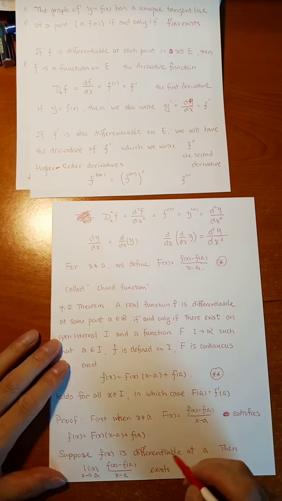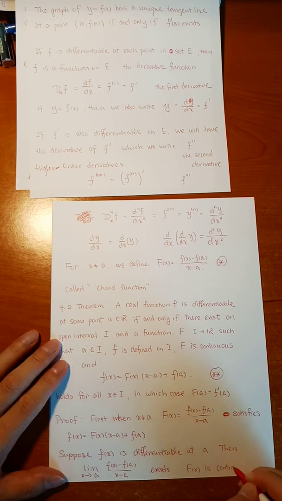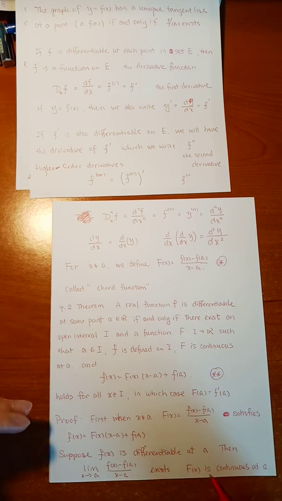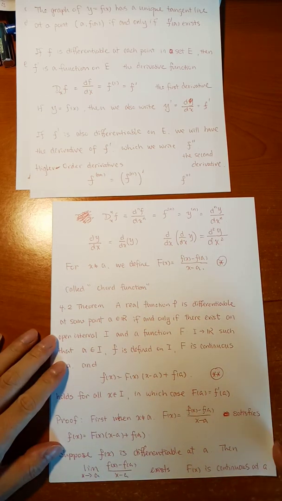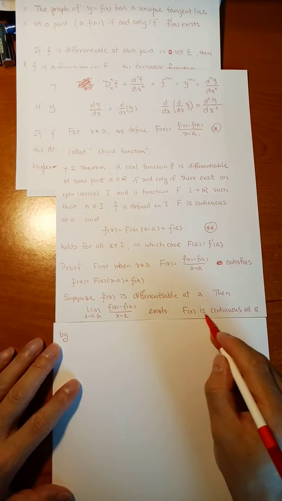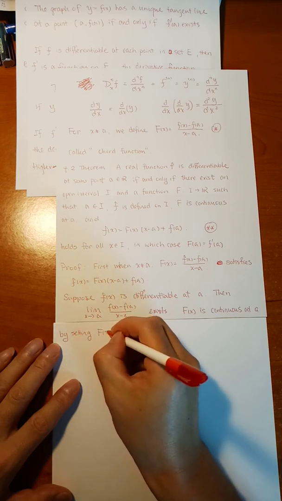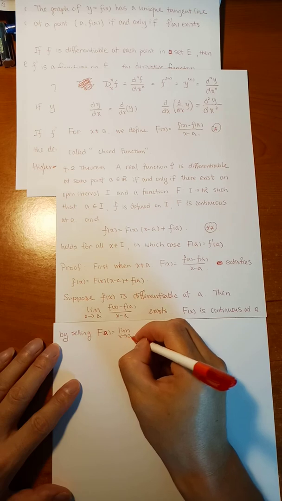Of course, capital F(x) is continuous at a. How do we get capital F(x) continuous? We just define capital F of a as the limit of it.